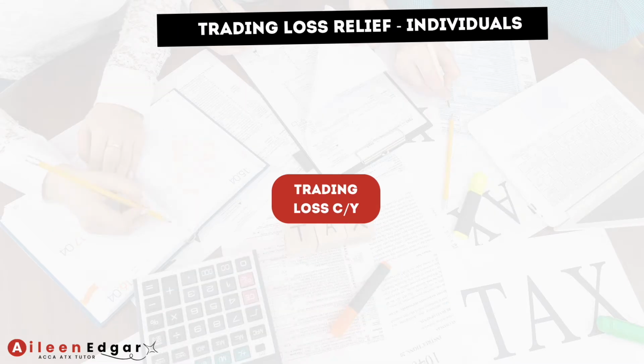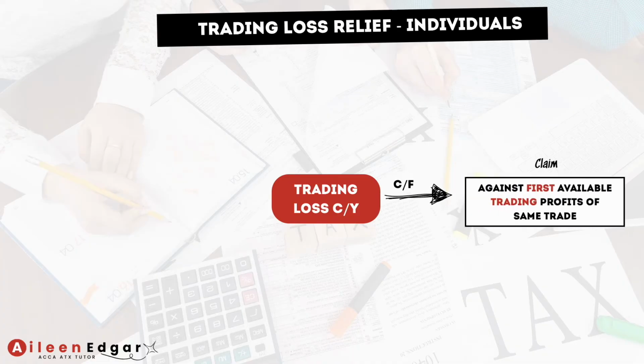Let's compare all of that to how we deal with trading losses for individuals. So somebody who is running an unincorporated business, whether that be as a sole trader or if they are part of a partnership. So if they've made a trading loss in the current year, what can they do with that? They can carry it forward and set it against first available trading profits of the same trade.